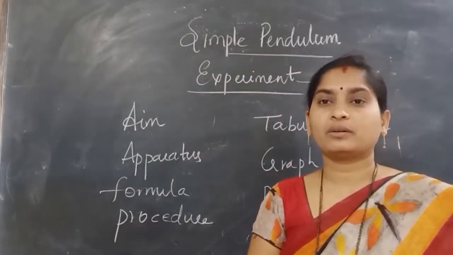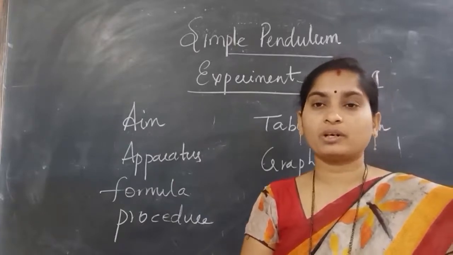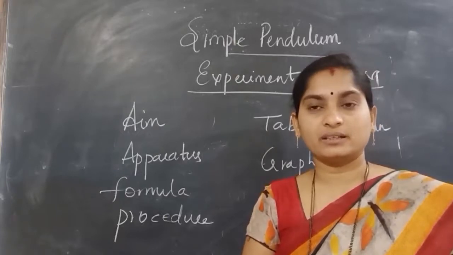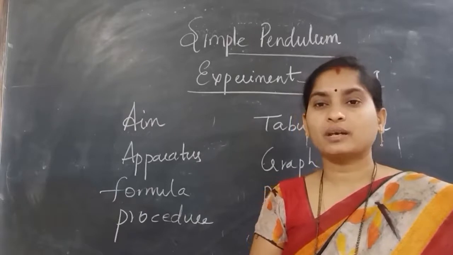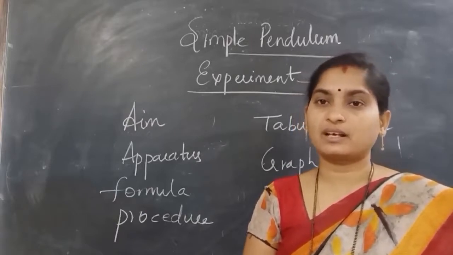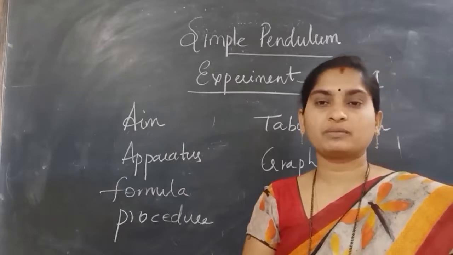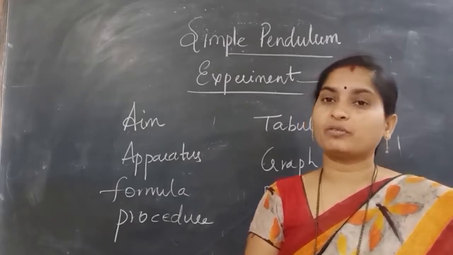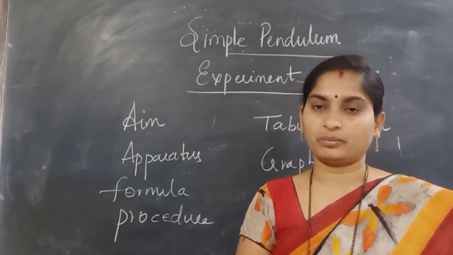You have to write its aim, meaning what we are calculating in the simple pendulum, whether you are finding the errors, frequencies, oscillations, time. What we are specifying is regarded as the aim. It means in every experiment, what we calculate by performing it is called the aim of the experiment.